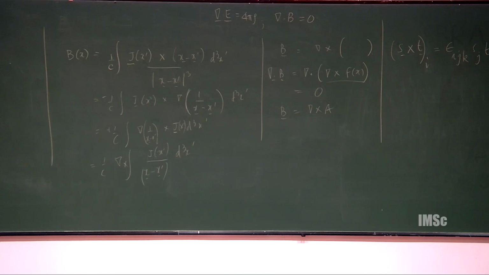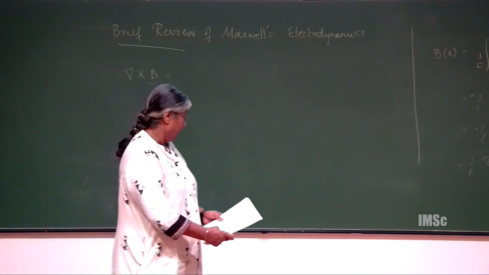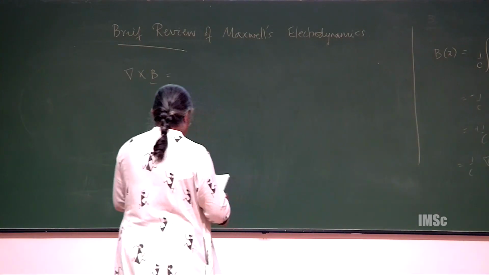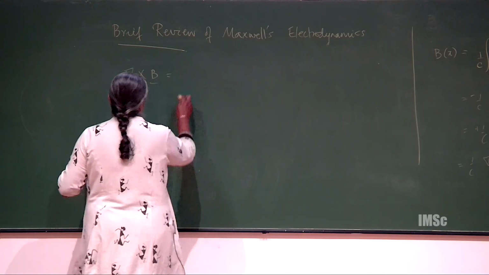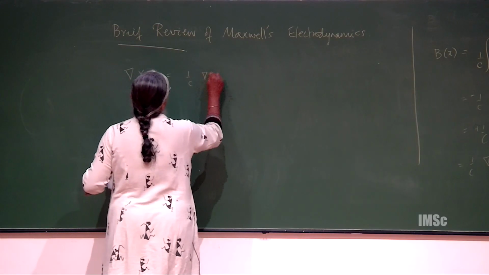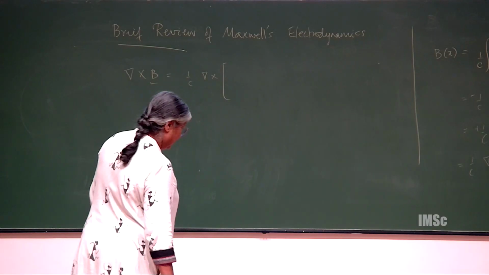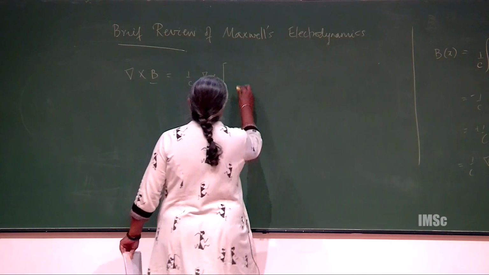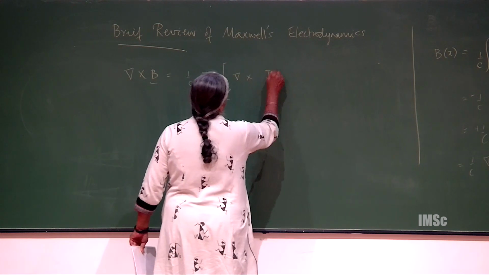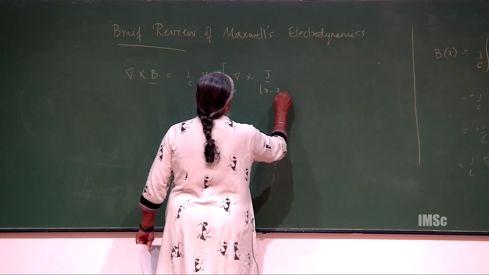So now I have to find del cross B. So that is 1 by c del cross. What was B? B is del cross J by x minus x prime.